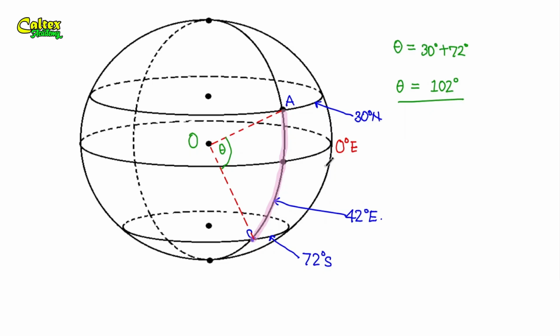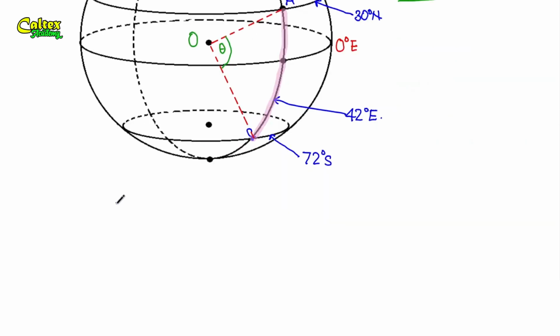So again, we can go ahead and quote our formula and make substitution to our formula, maybe down here. So our distance is the arc AC given by theta over 180 times pi r.